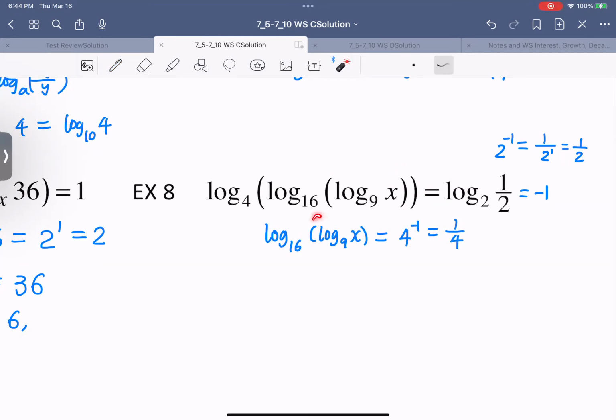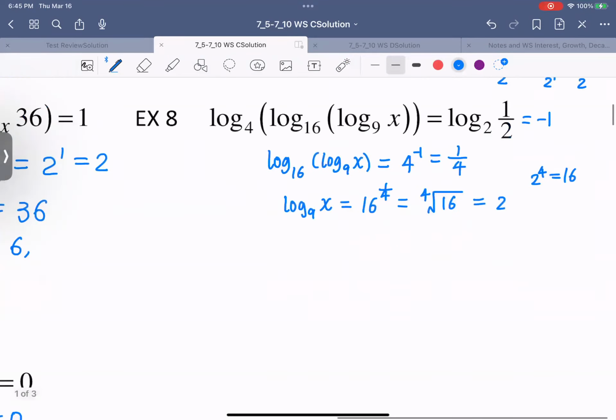Based on this, that guy is who? 16 to the power of 1 over 4. What does this mean? 2, because you put 4 here, and you want to do this radical root. This is 2, because 2 to the power 4 is 16. So this is 2 right here. Next. X equals 81. Yes, 9 to the power 2 is 81. Exactly.